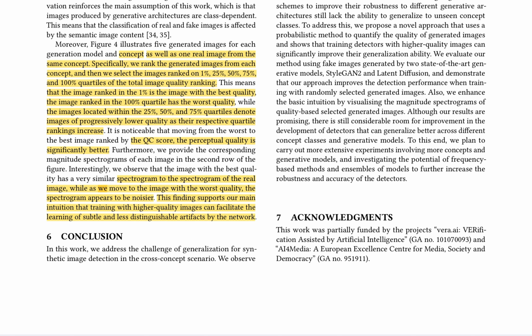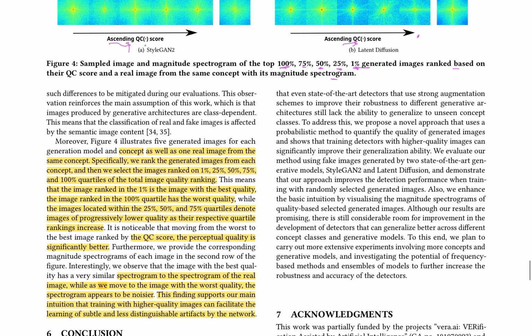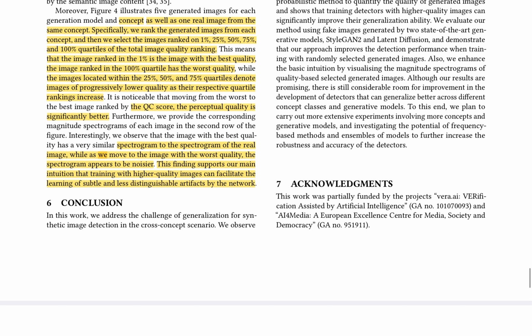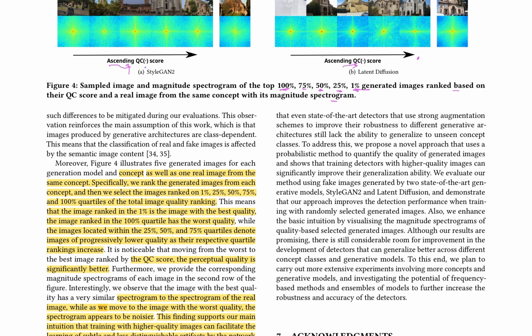Very interesting. All right, let's see how they are going to conclude it. In this work, we address the challenges of generalization for synthetic image detection in a cross-concept scenario. We observe that even state-of-the-art detectors that use strong augmentation schemes to improve their robustness to different generative architectures still lack the ability to generalize to unseen concept classes.